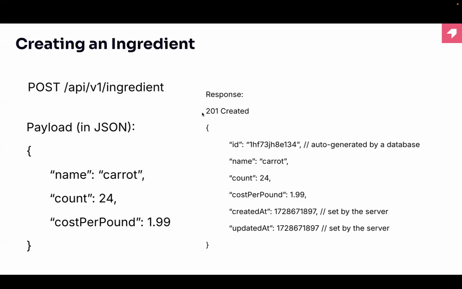And then what I would want as a response is a 201 created. That means it was created successfully. And then its response. Notice how there's a difference in some of the fields. ID got created, and then the created and updated at got set. Those would be fields that the backend would be setting for me and that I shouldn't have to deal with myself.